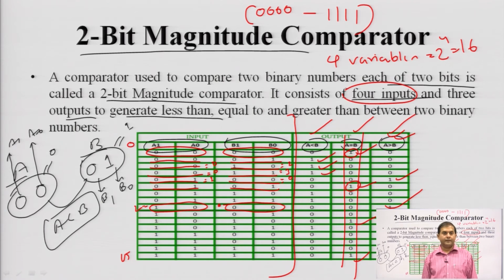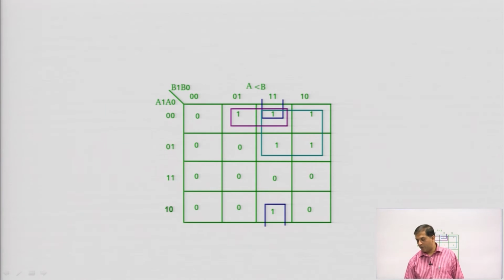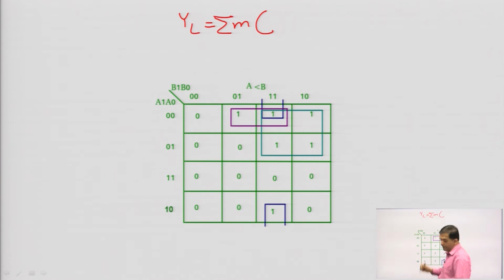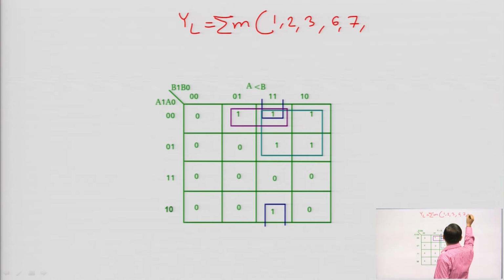Y less than. Okay. The first column is left. So, for y less than we will write the min terms, summation m, as 1 2 3 6 7 11. So, as per the format 0 1 3 2 4 5 7 6 8 9 11 10 12 13 15 14.